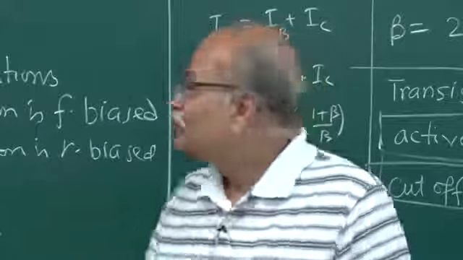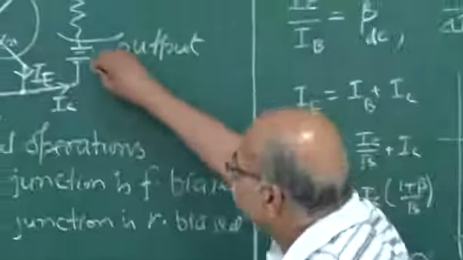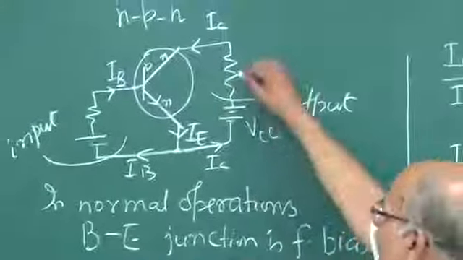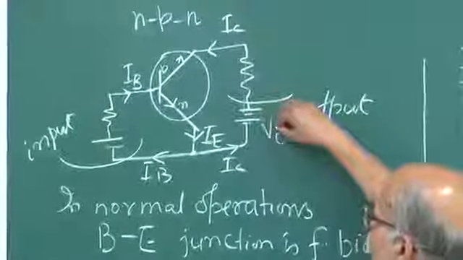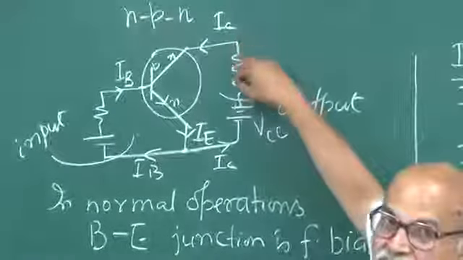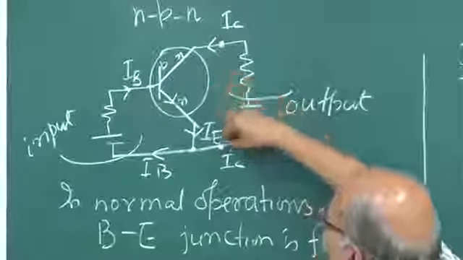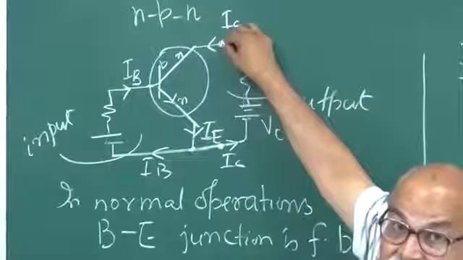We apply a small VCC here. This is VCC, remember. If there is a current here, there is a voltage drop here. So, finally, the voltage from here to here may be small.